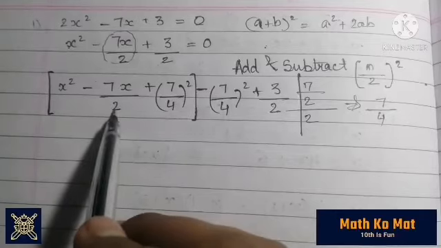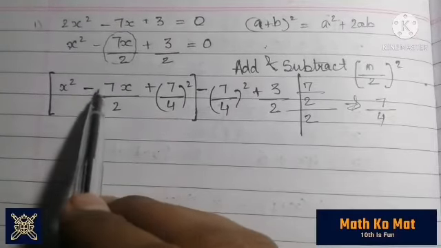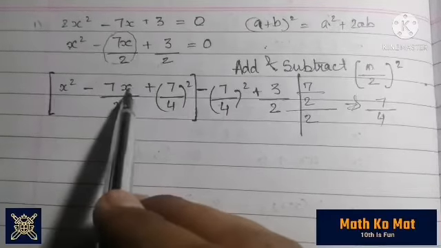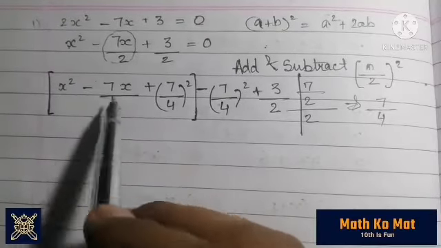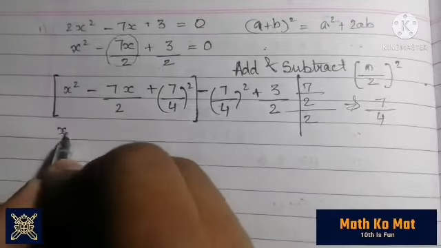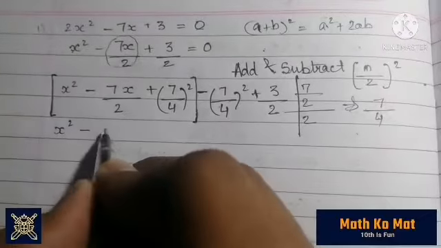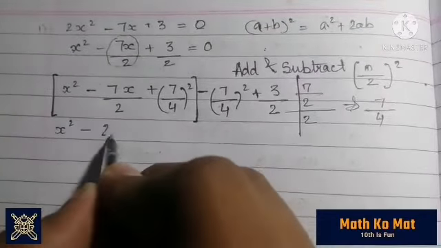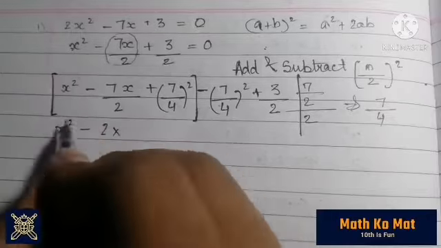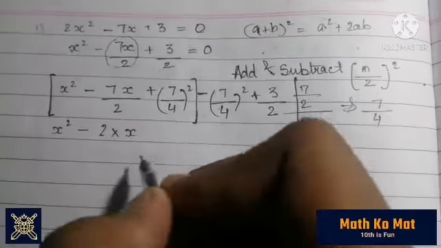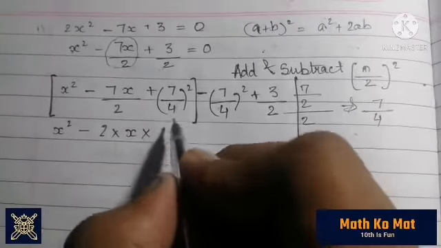The 4 has become 2 because it cancelled the 2 here. So 2 into x, that is our a, into b, that is 7 by 4. Let me write it for you: x square minus 2 into x into 7 by 4.